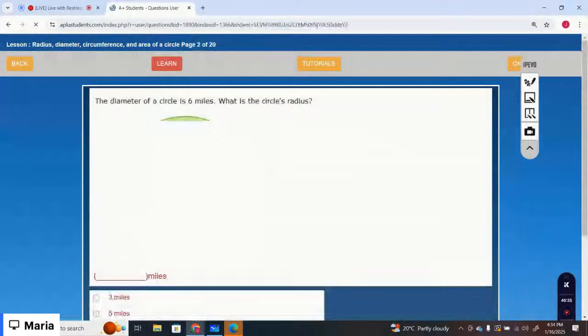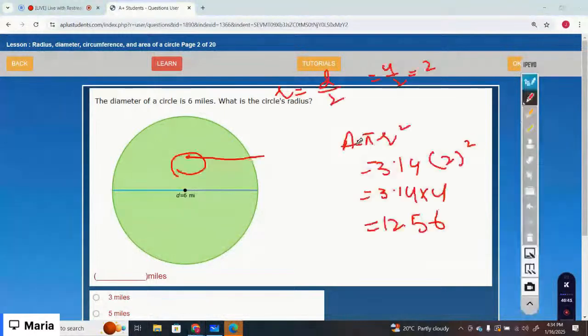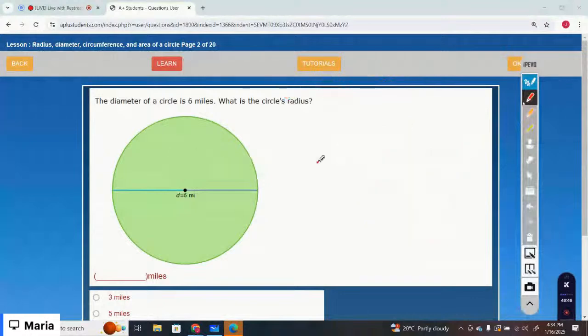The diameter of the circle is 6 miles. What is the circle's radius? So which is the correct option? The radius equals the diameter divided by 2. Or you can say radius is half of the diameter. So 6 divided by 2 is 3.